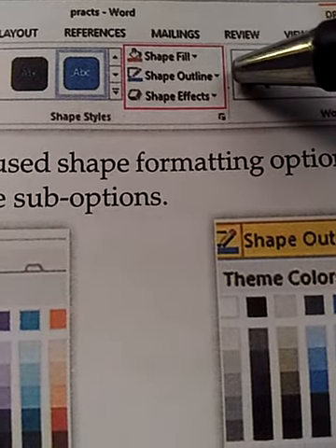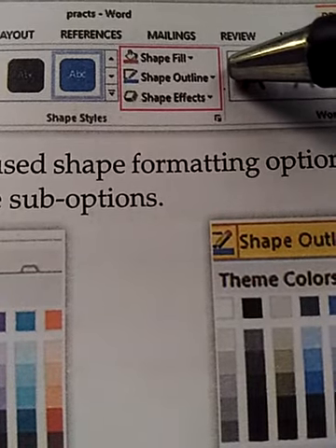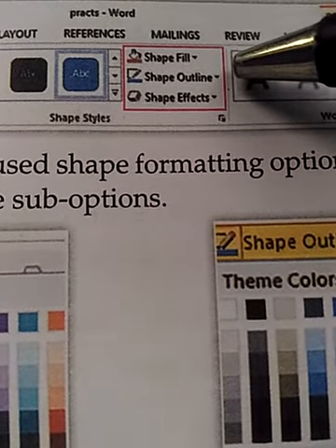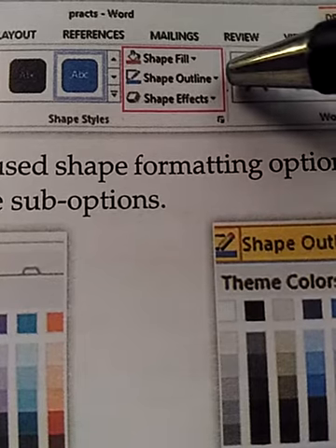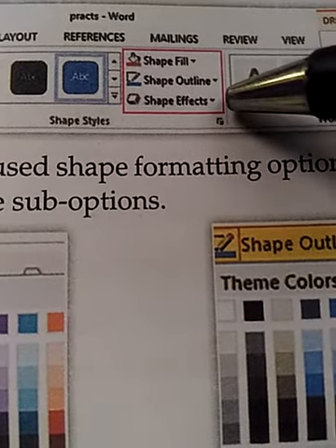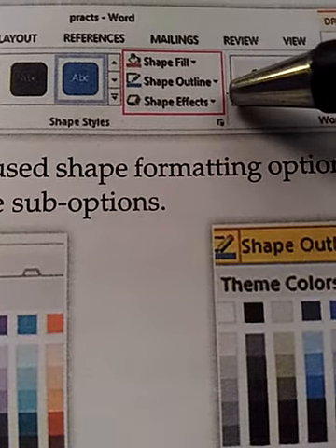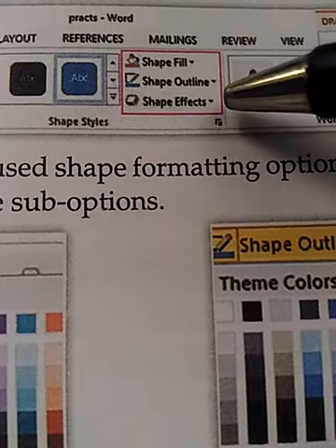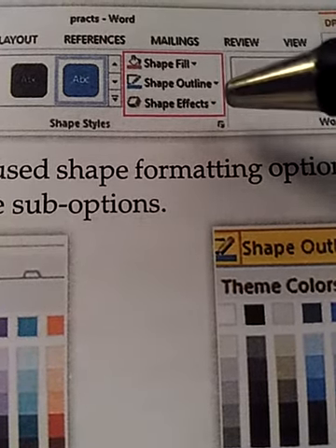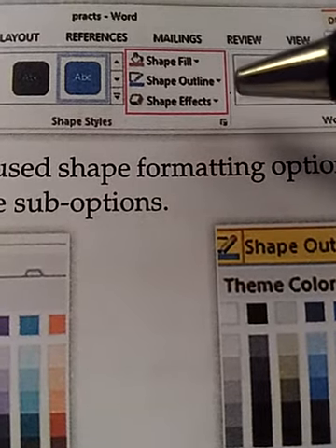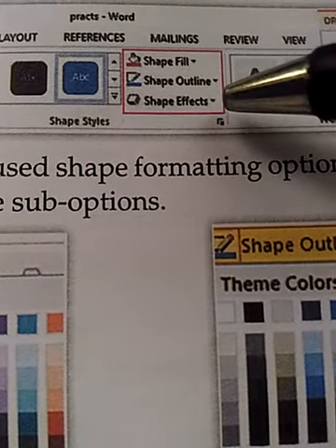Shape outline, if we want to draw some outline over the shape, then that can be done with the help of this. Shape effect, this will help you to apply some effect like glowing, reflection, 3D shapes, etc. That can be done from here, like here.